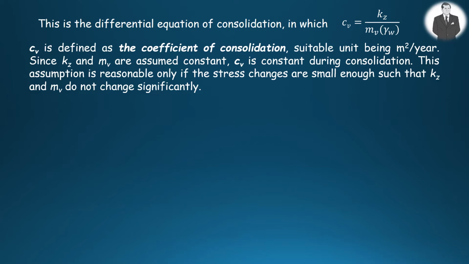C sub v is defined as the coefficient of consolidation, a suitable unit being square meters per year. Since K sub z and m sub v are assumed constant, C sub v is constant during consolidation as well. This assumption is acceptable provided that the stress changes are small enough such that K sub z and m sub v do not change significantly.